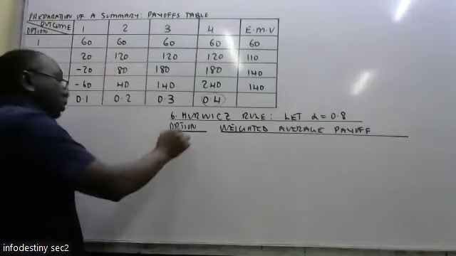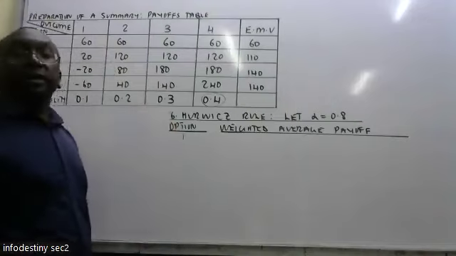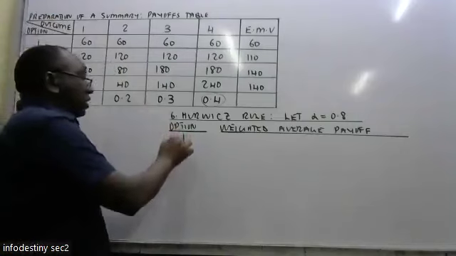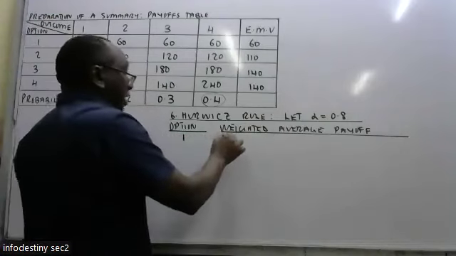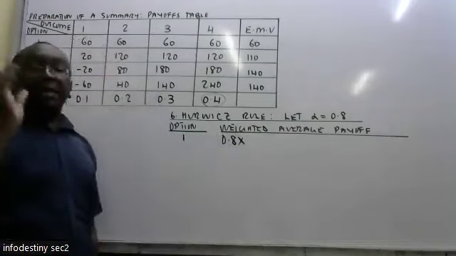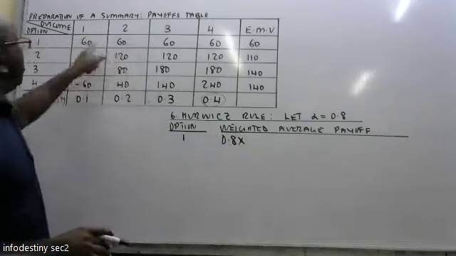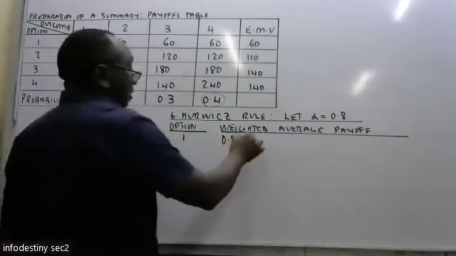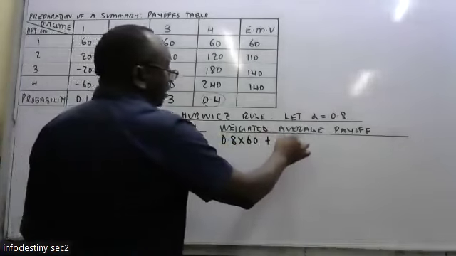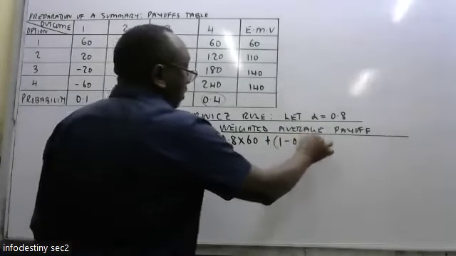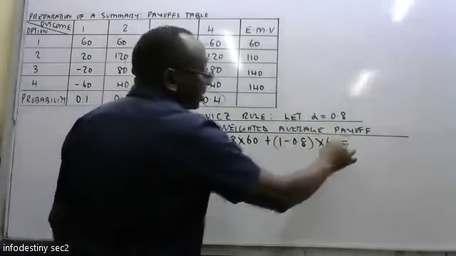So what you do, you come to option 1 there, and you take this alpha 0.8, you multiply by the best payoff. The best payoff there for 1 is 60. Plus 1 minus alpha, you multiply by the worst. The worst there is what?